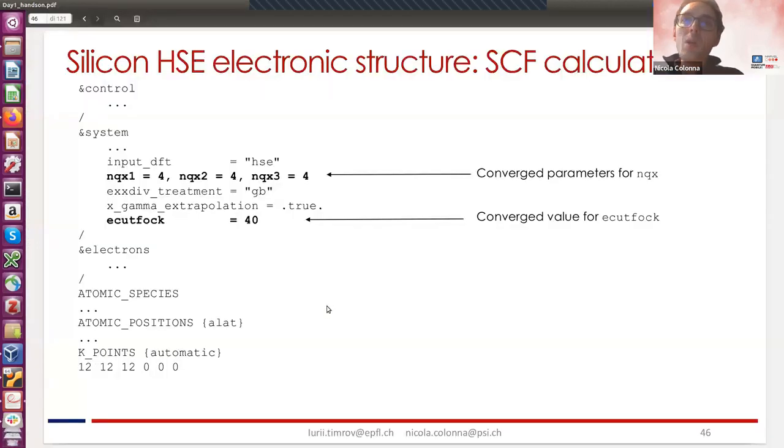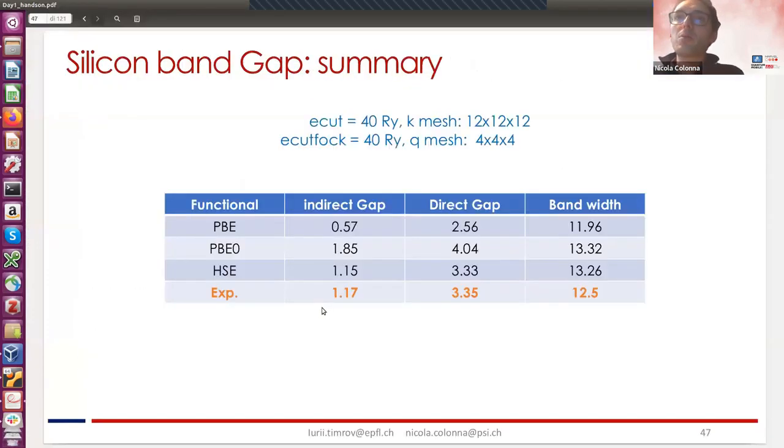So while this is running, let me go back to the slide and let me just comment the result. Now what we did, we computed the band structure of silicon. Well, we look at the band gap of silicon with the PB function, with the PB0, and now HSC is still running.